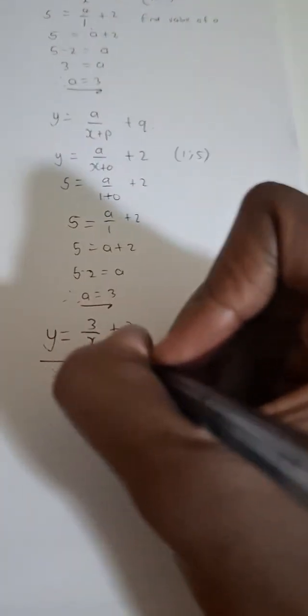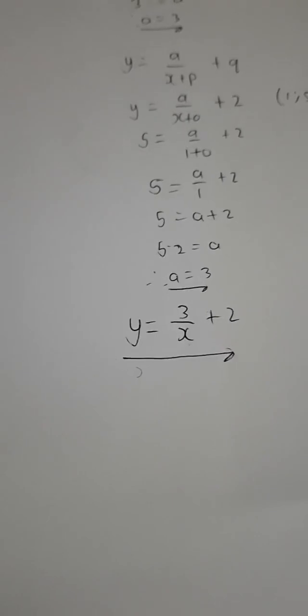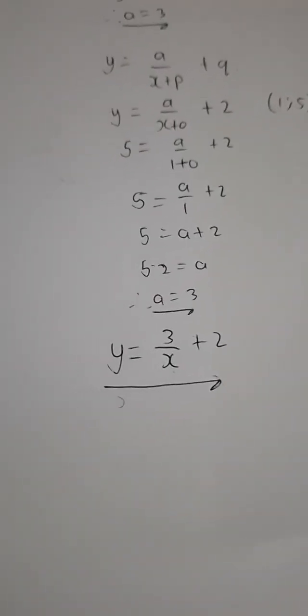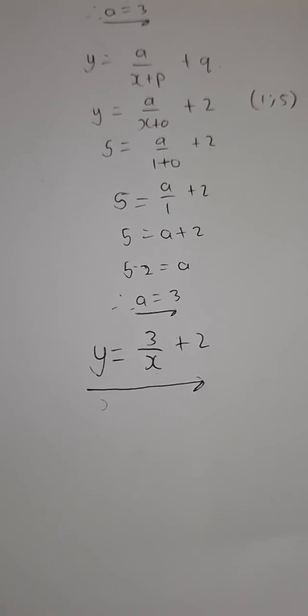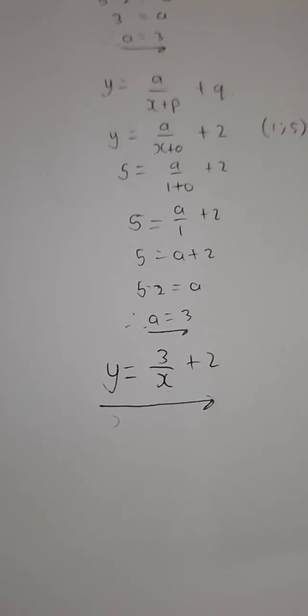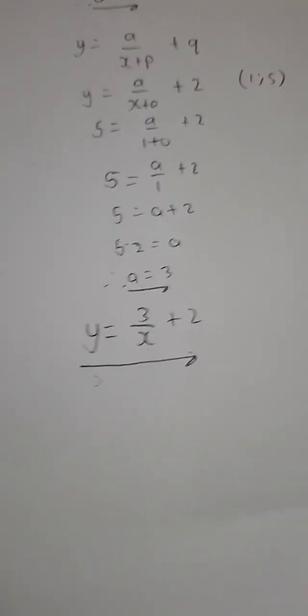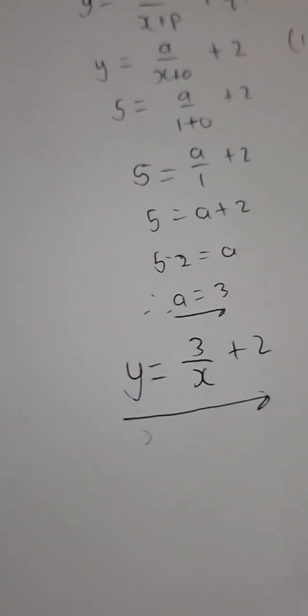So therefore, our hyperbola function, the equation is y is equal to 3 over x plus 2. So that is just nice, straightforward, not a problem. You see, very clear, to the point. Okay, so equations, guys, this is how we can go about finding the equations.